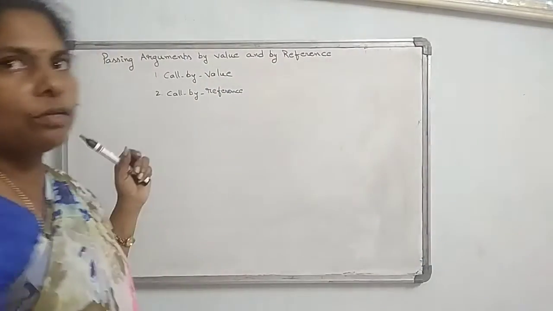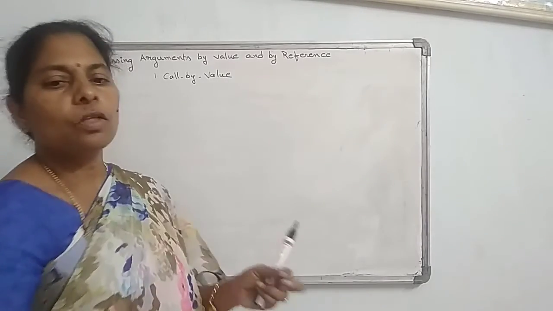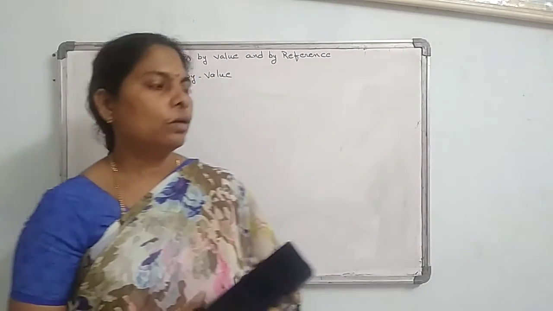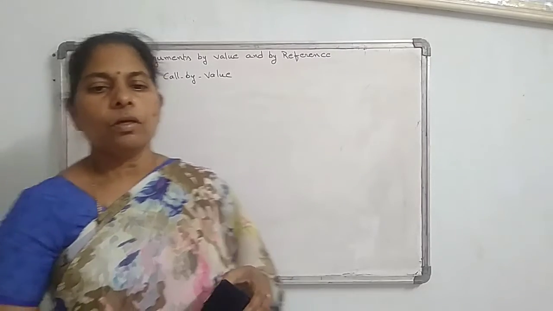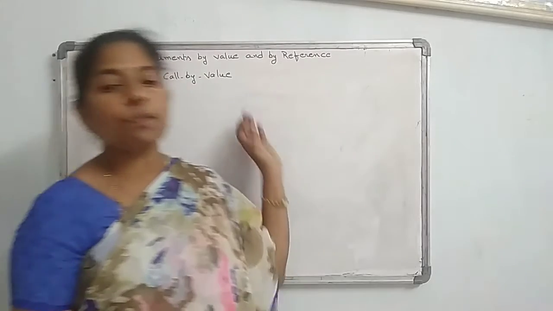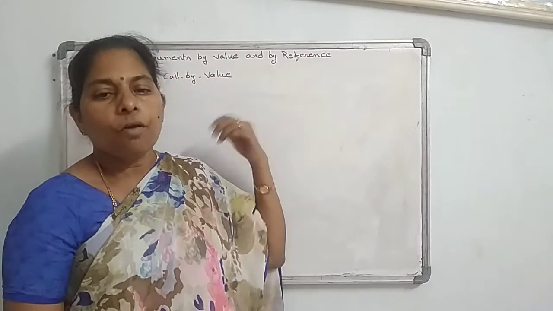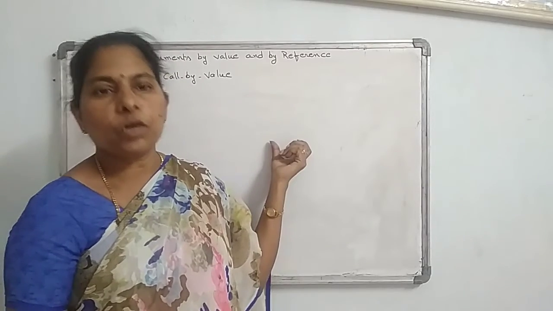So call by value means you pass the values. This approach copies the value of an argument into the formal parameter of the subroutine.